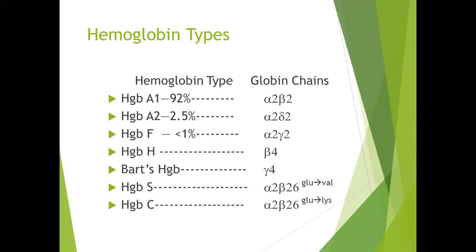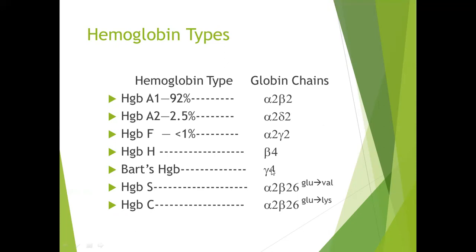Hemoglobin types: hemoglobin A1 is 92% of the normal hemoglobin. It consists of alpha 2 and beta 2 chains. Hemoglobin A2 is 2.5% of the total hemoglobin, 2 alpha and 2 delta. Hemoglobin F is less than 1% of the adult hemoglobin, 2 alpha and 2 gamma. Hemoglobin H is beta 4, 4 beta chains.